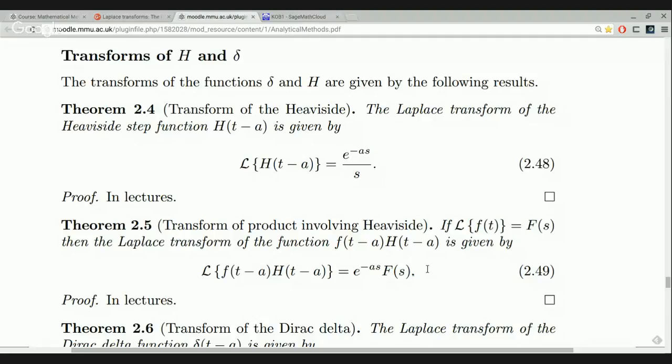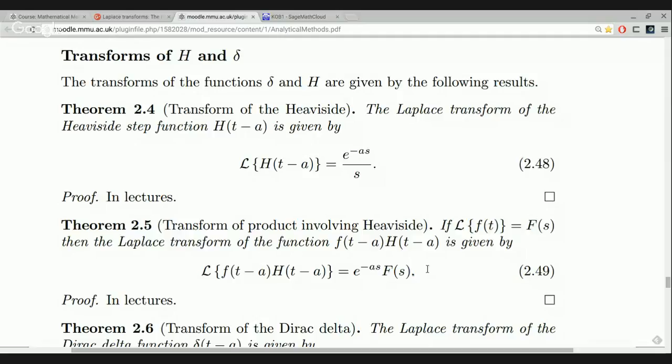But now we know what we're going for. We're going for this result, e to the minus as times capital F of s.